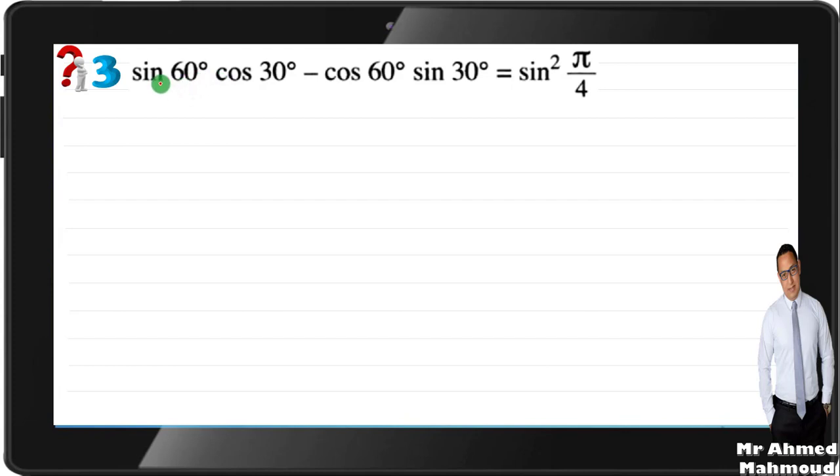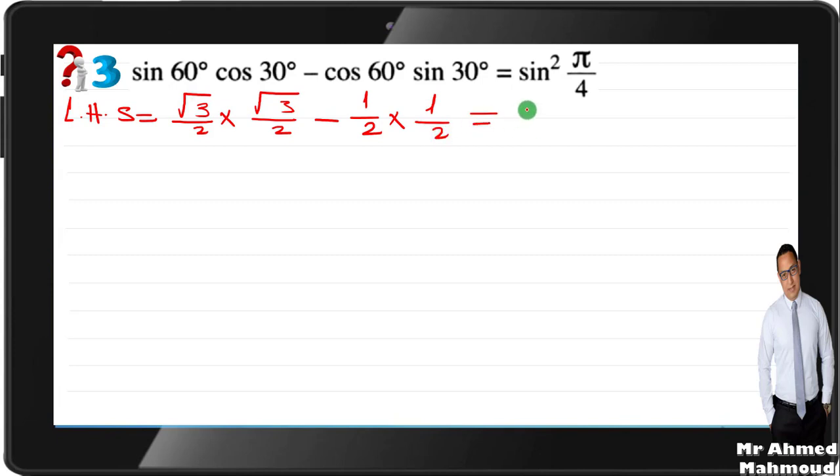Example 3, number 3, also prove that. Start with the left hand side. It equals sine 60, root 3 over 2, times cosine 30, root 3 over 2, minus cosine 60, 1 over 2, times sine 30, 1 over 2. It equals 1 over 2.